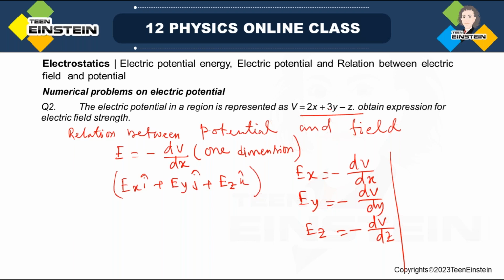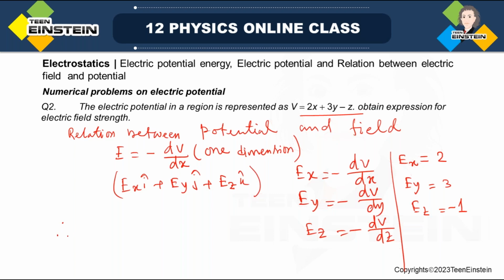Now in this case, this potential is given in 3 dimensions. So I can find out the component of electric field along the x-axis. So the dV dx, that will be 2. Okay, and Ey will be 3. What will be Ez? Ez will be minus 1.